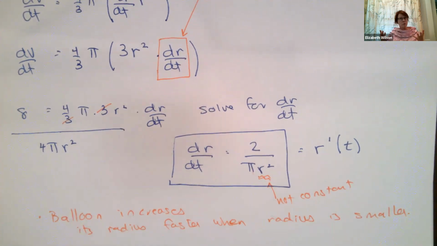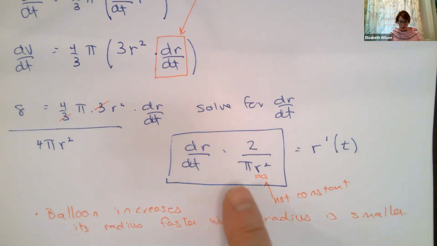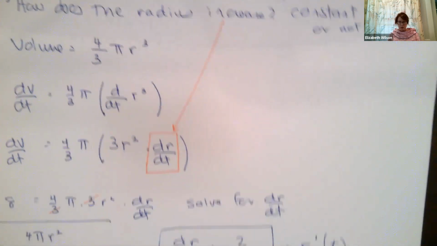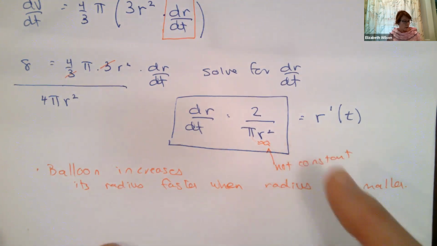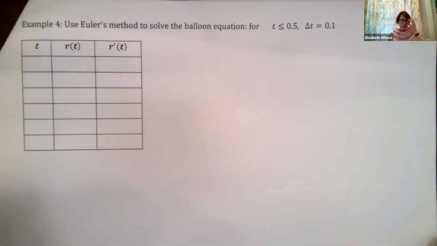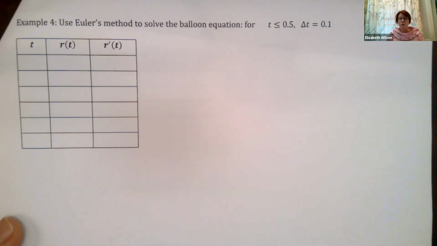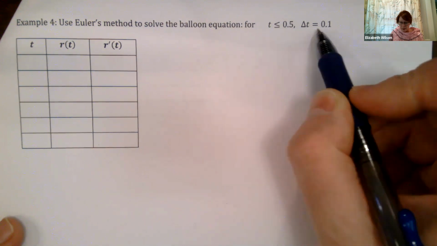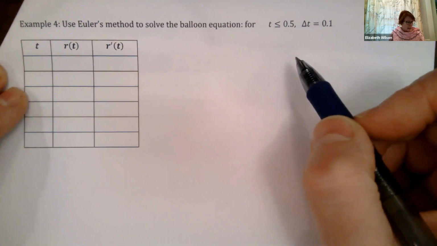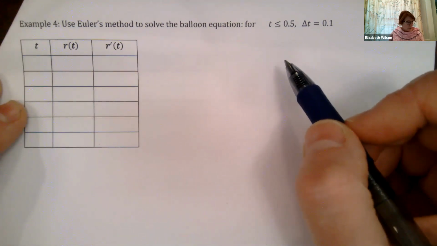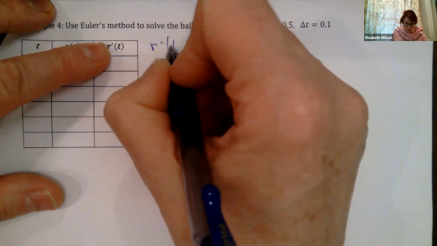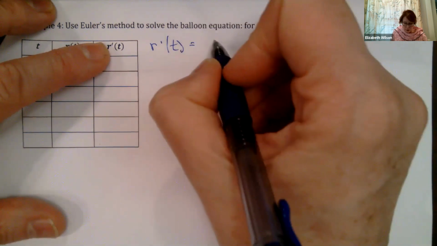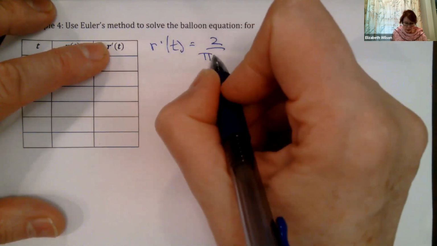Just to remind us what we're trying to do: this is what we're going to use as our r prime when we calculate out Euler's equation. That leads us to use Euler's method to solve the balloon equation for t less than 0.5, with delta t equal to 0.1. Let's write down what we begin with. r prime of t equals dr dt, which is 2 over pi r squared.